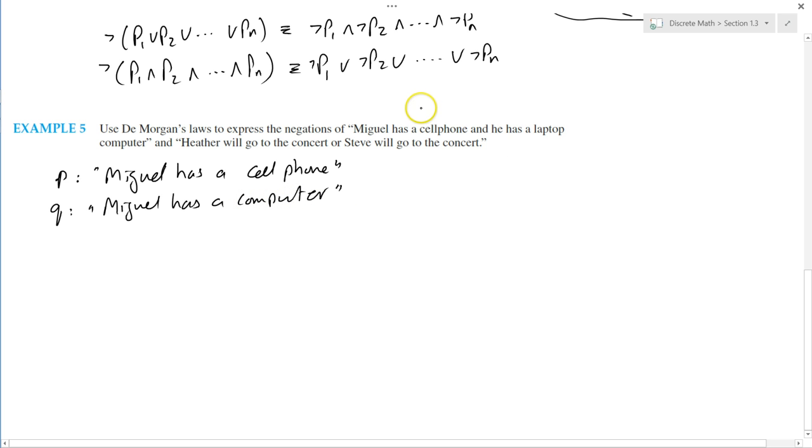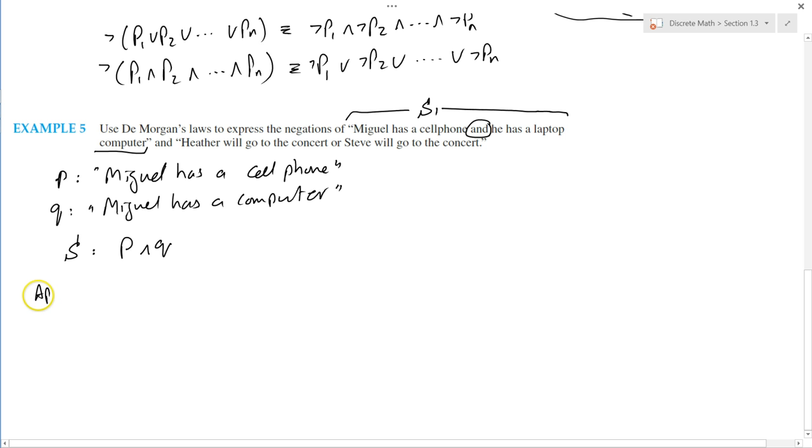Let's call this statement capital S1, which is this statement here. So here we can say that statement S1 is written as P and Q, because we have an and operator here. Now we apply the De Morgan's Law.